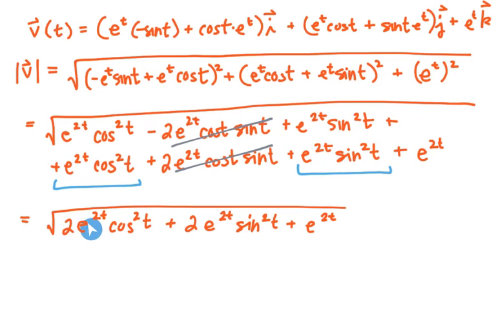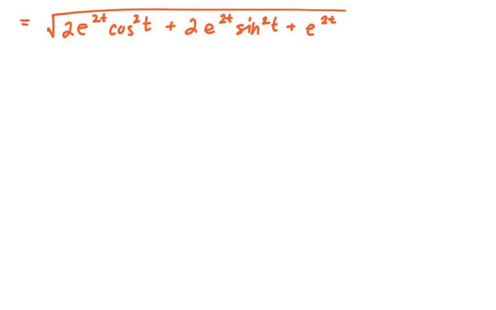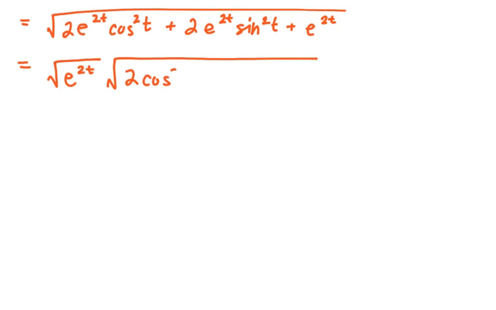At this point, we should notice that all three of my terms have an e to the 2t. So I'm going to factor that out. I've got the square root of e to the 2t, and under my radical, I'm left with 2 cosine squared t plus 2 sine squared t plus 1. When I factored that GCF out, this became a 1. Square root of something that is squared, that's going to give me e to the t.